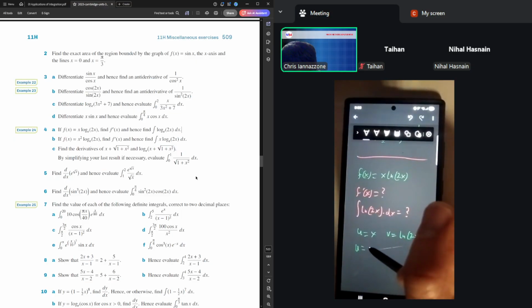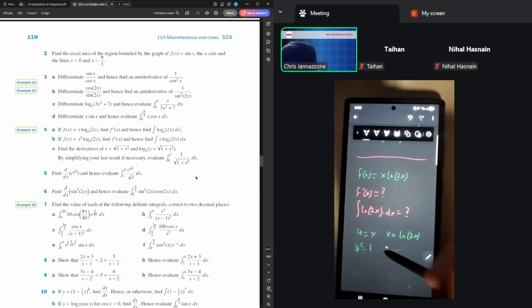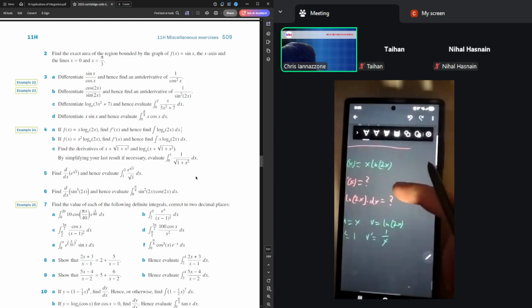u dash equals 1, and for v dash, this is a kind of chain rule. This doesn't actually end up becoming 1 over 2x. It does end up simplifying to just 1 over x.